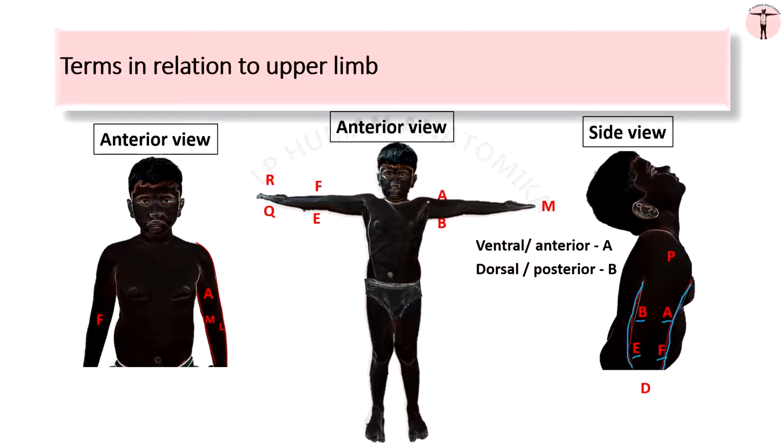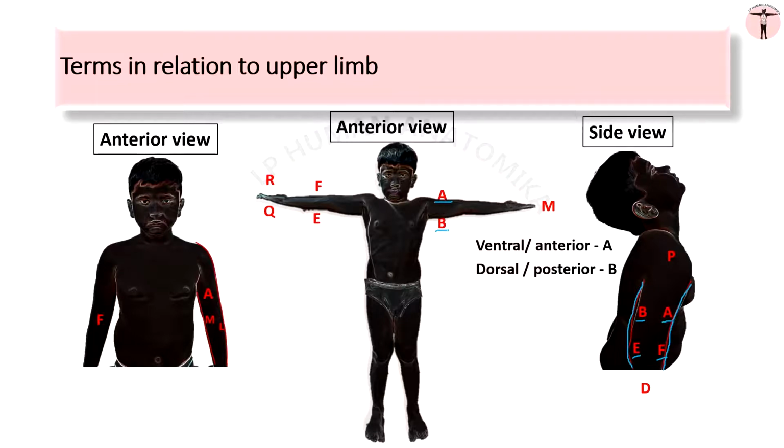Here, when we see the anterior view, the same part of the upper limb which is facing anterior when the arm is to the side of the body, when we see from the side, it is directed superiorly and inferiorly.